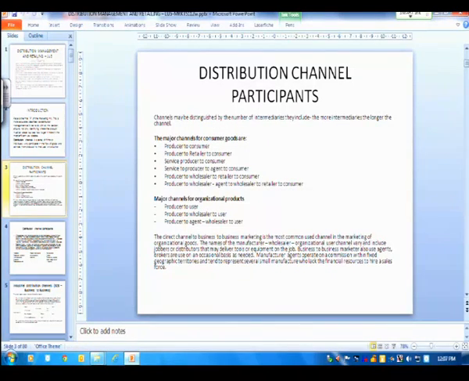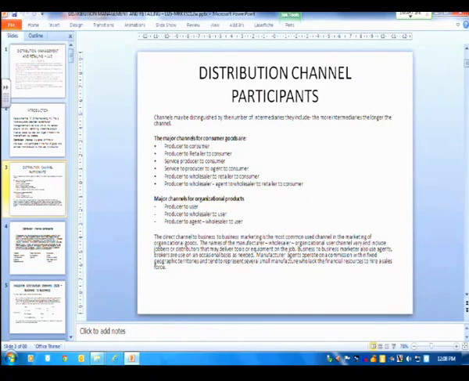Who are the distribution channel participants? Channels may be distinguished by the number of intermediaries they include. The more intermediaries, the longer the distribution channel. The major channels for consumer goods are: first, producer to consumer. Secondly, producer to retailer to consumer.